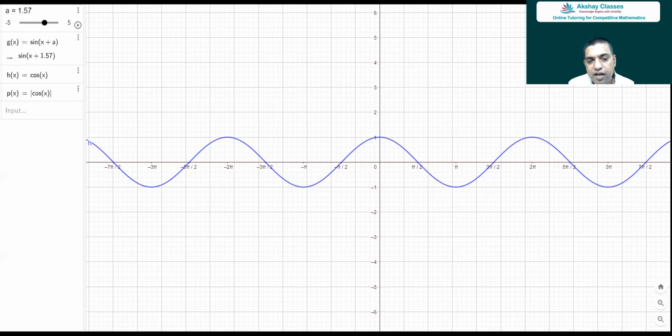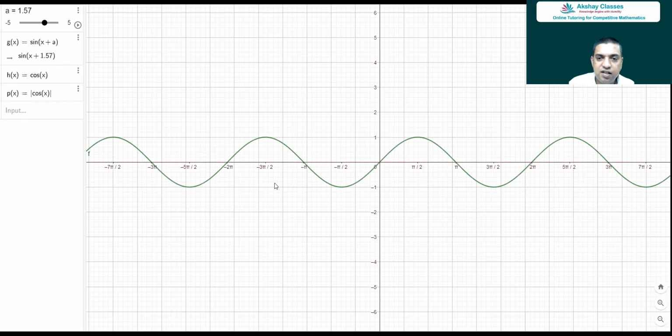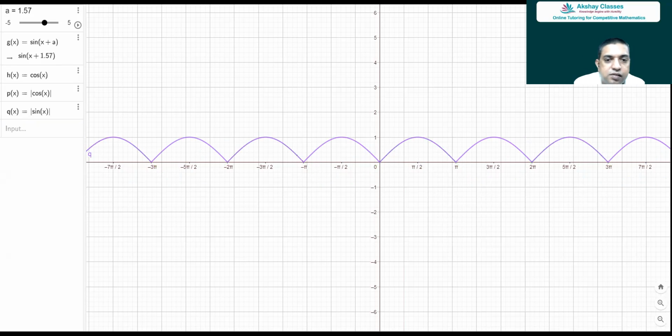For this, you just look at the graph of sin x, we know. This is the graph of sin x. Mod sin x will be all positives. The negative portions will be reflected on the positive side. So this is the mod sin x graph.